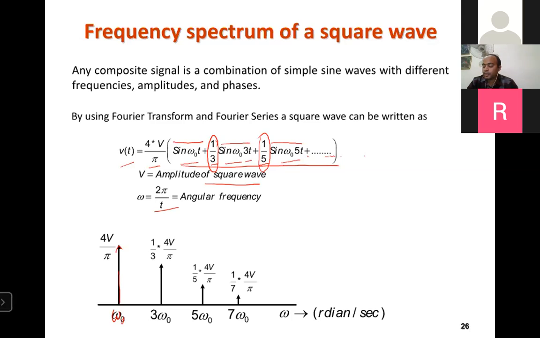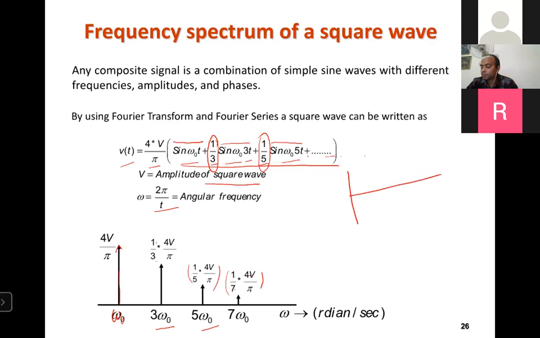At 3 omega 0, the third harmonic is present with an amplitude of 1/3 of 4V by pi. The fifth harmonic is present with an amplitude of 1/5 of 4V by pi. The seventh harmonic is present with an amplitude of 1 by 7 of 4V by pi. Like this it will continue.